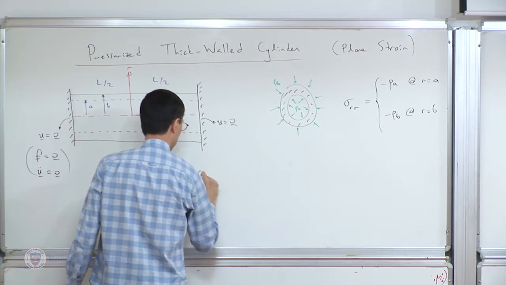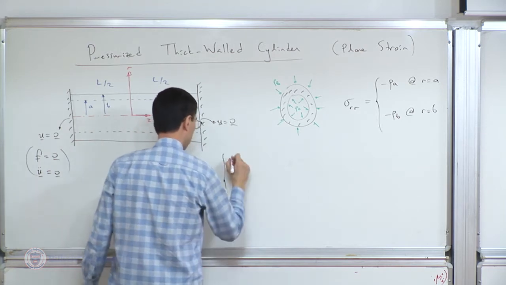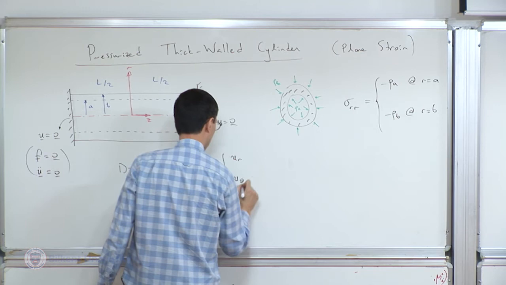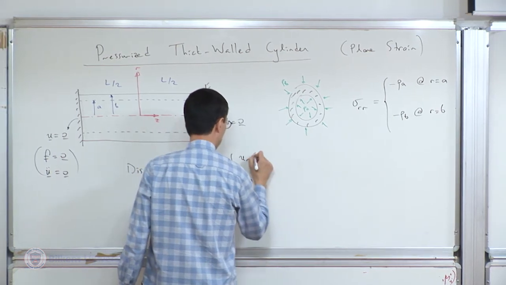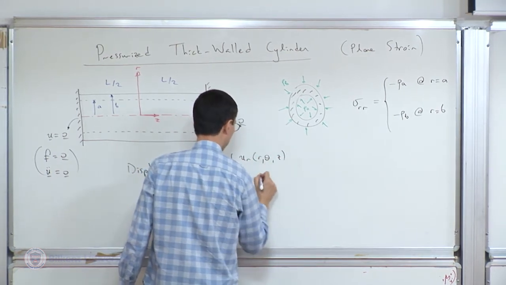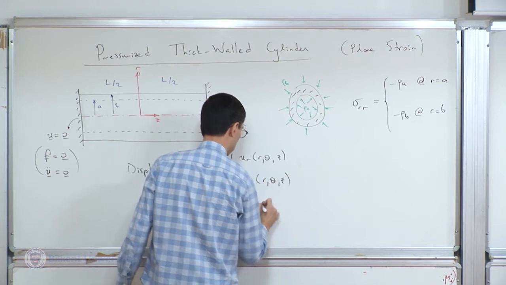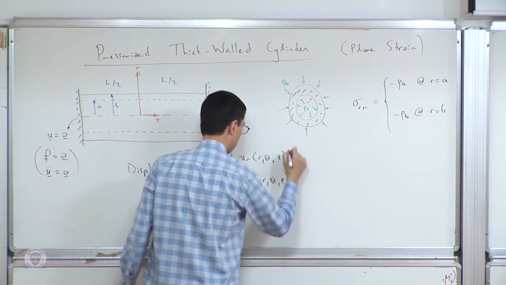So we have U. In general, it has a U_r, a U_theta, and a U_z. And it's always good to put in all the possible dependencies in those components.